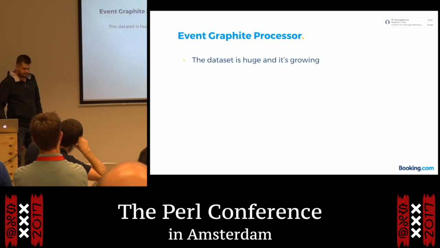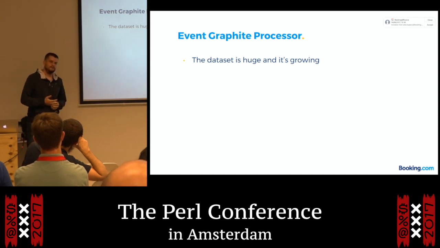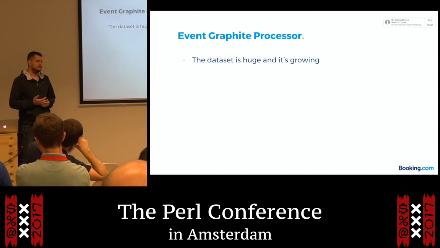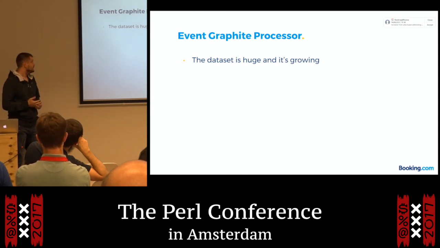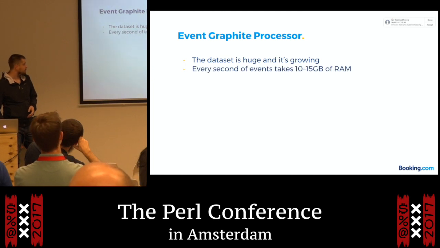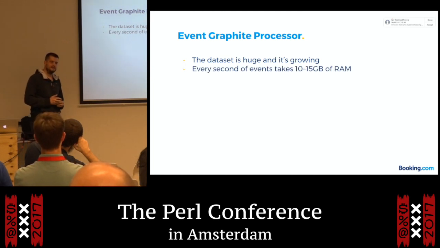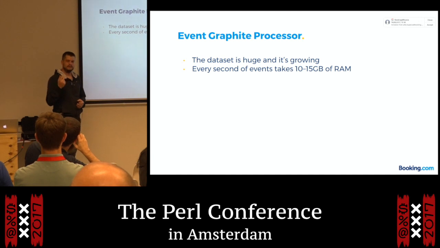And at some point with this model, we started having troubles, and the troubles are due to our scale. Our data set becomes bigger and bigger, because as the business grows and as more systems want to send events, the amount of events we need to process becomes more and more unbearable. For example, if you take a second of events and deserialize it, the deserialized size in Perl will be about 10 or 15 gigabytes.